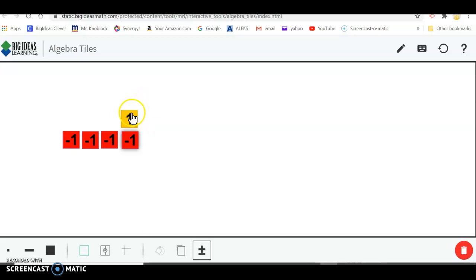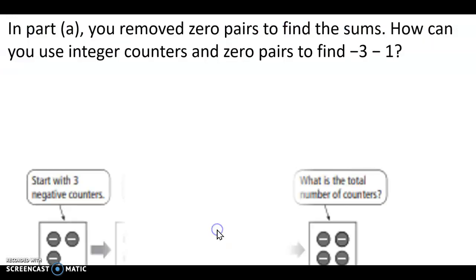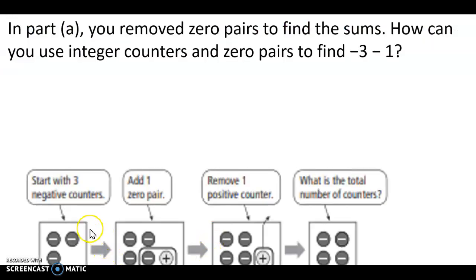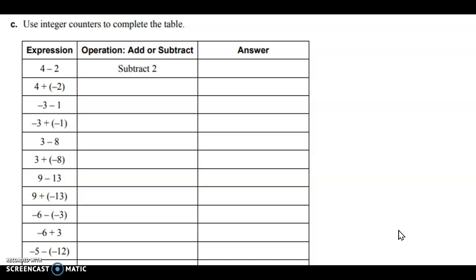So if I go up here, here's a positive, take it away, what do I end up with? Negative 4. So that's how you can use a 0 pair to help you with that. So it shows you start with 3 negatives, add a 0 pair, take away that positive, and you end up with 4 negatives.